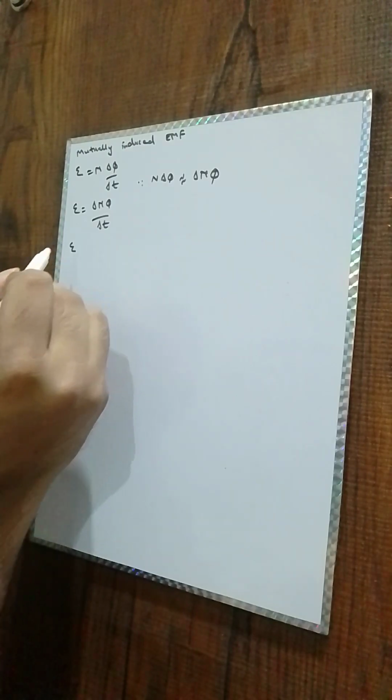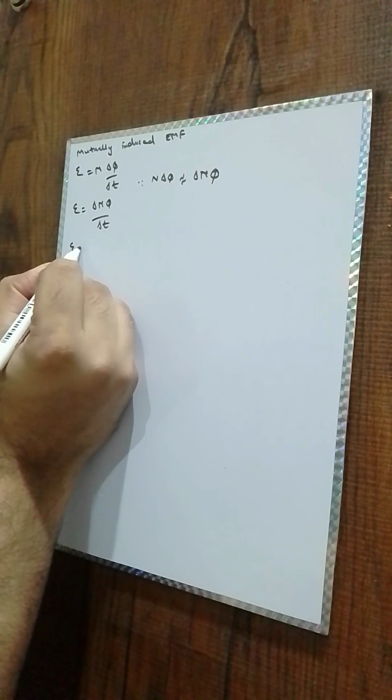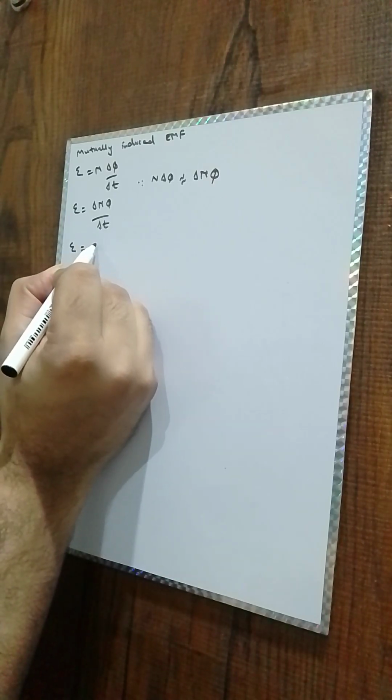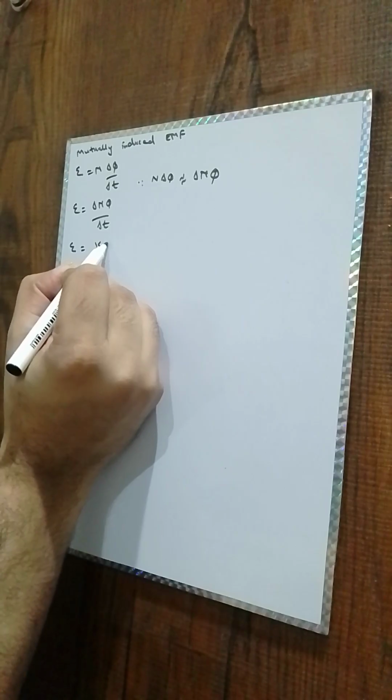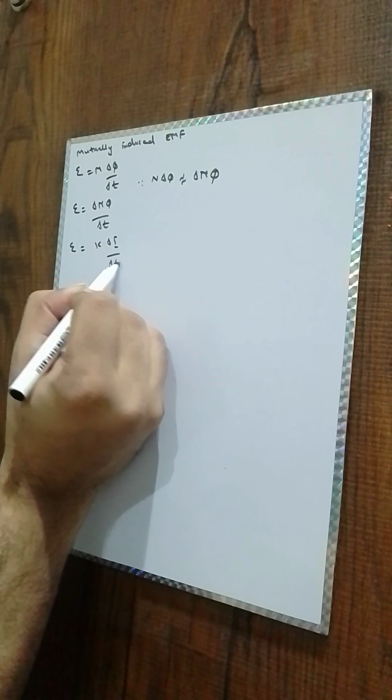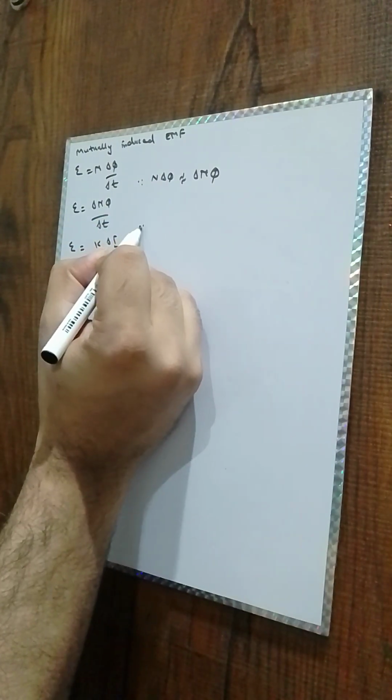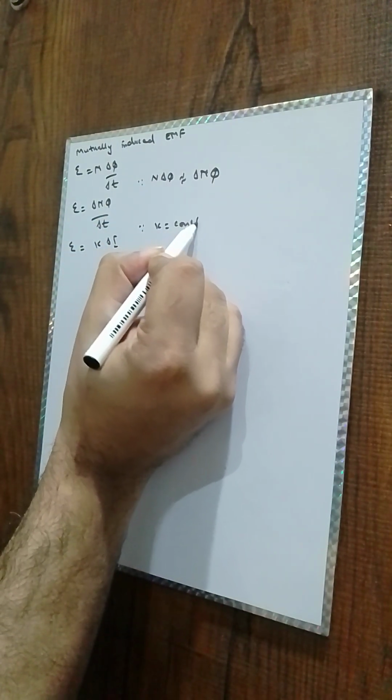So this is change this, and then we know that E is, this makes it into k delta I by delta t, and k is the constant here, so we use k as a constant, and it says what?